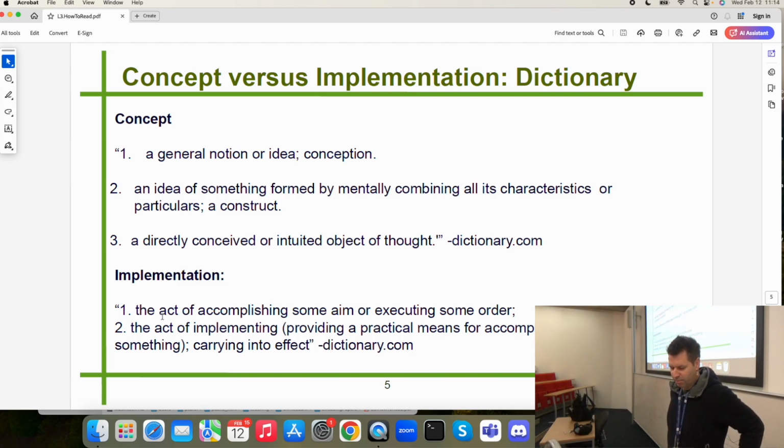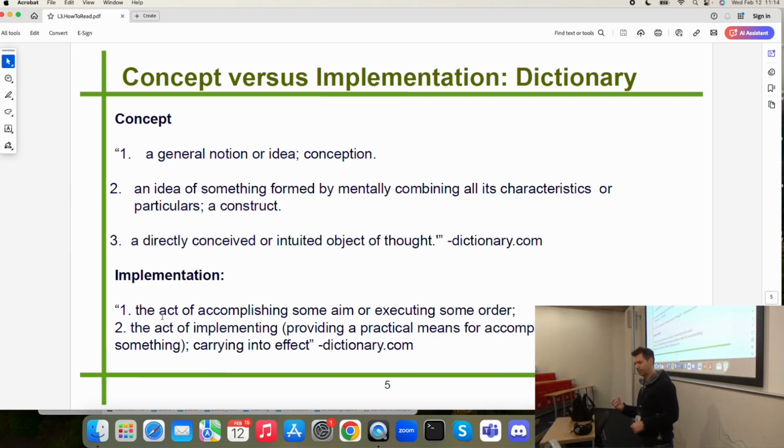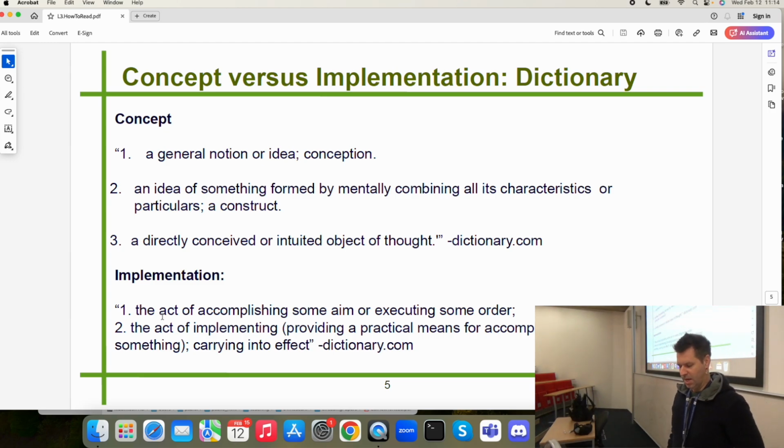So, everybody knows I like to do this, I like to look up the dictionary meanings of words and see if they're helpful. If we look up the word concept in the dictionary, we get these definitions. One is a general notion or idea, a conception.